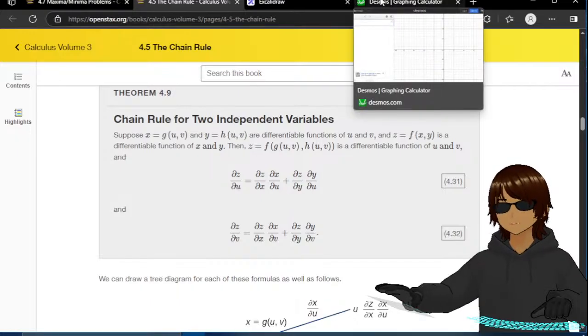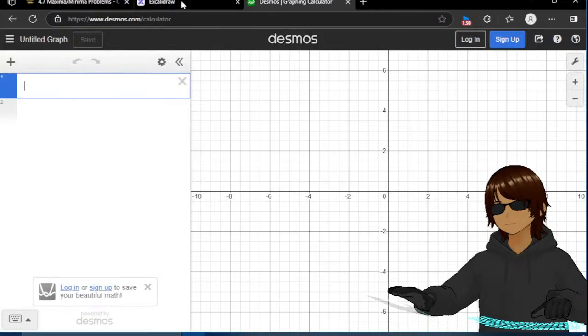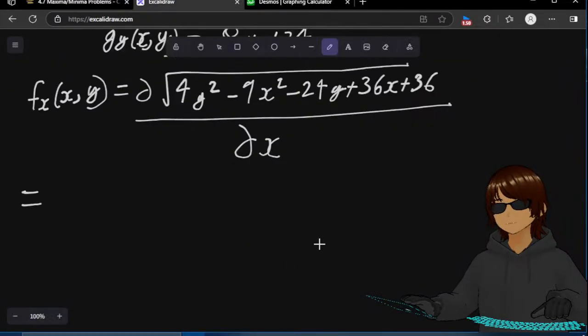What if it's with respect to g of x, y? I was originally thinking of putting x, y, g of x, y over here. Never mind.